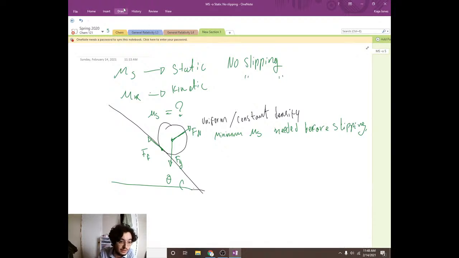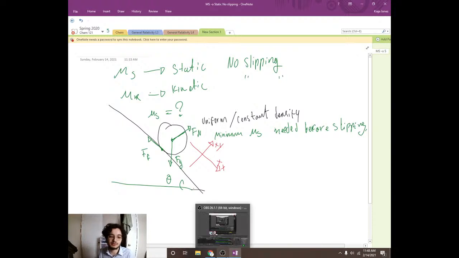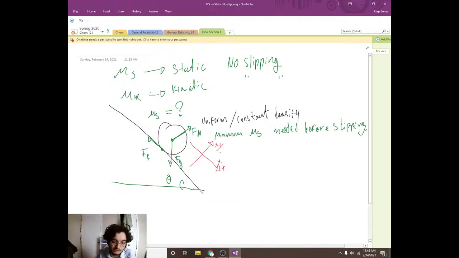So first we have to define a reference frame. This is our reference frame, usually the best one for this type of problem. The positive X direction goes over here, the positive Y direction goes over here. The X direction is really the one that matters most. The Y direction is not that important because there's no motion in the Y direction.